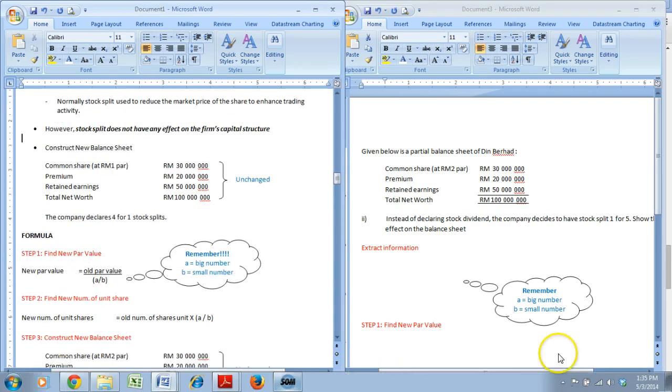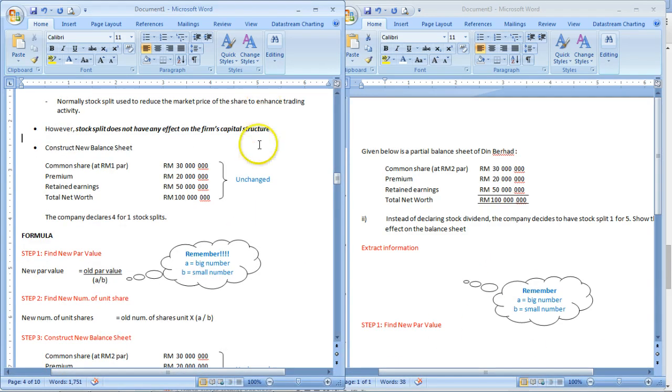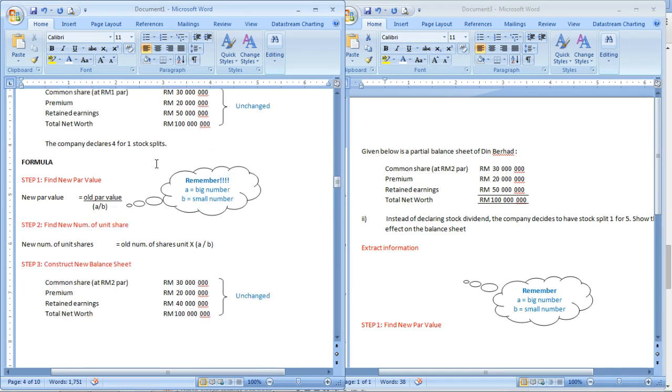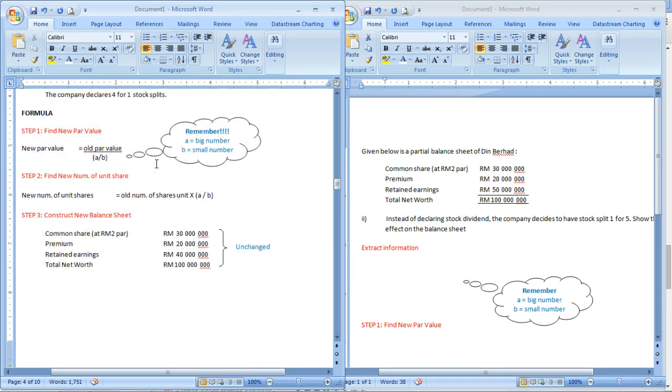So this is your question. The company declares a stock split. This is the sample of the old balance sheet. Never mind, I'll introduce the formula first. There are only three steps. It's easier compared to the stock dividend. Simple calculations. First step, you need to calculate the new par value, divided by the ratio. So first you need to know the ratio.